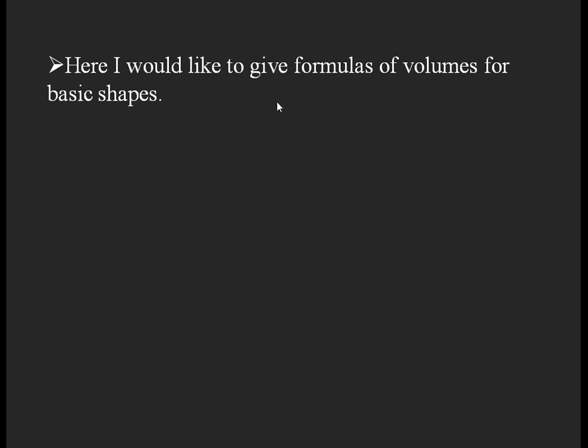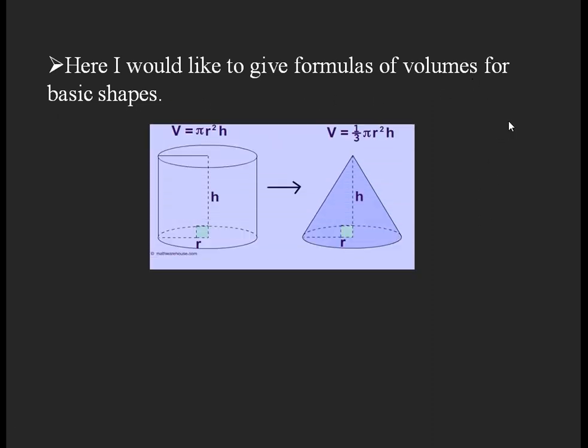Here I would like to give formulas for the volumes of basic shapes. First, for a right circular cylinder, the volume formula is pi r square h. For a cone, it is 1 by 3 pi r square h.